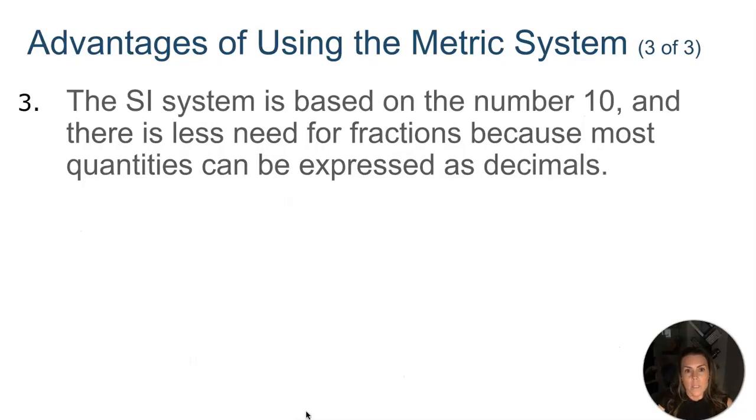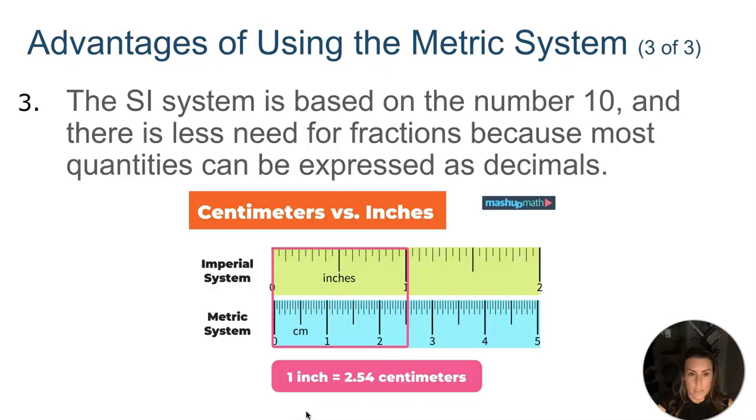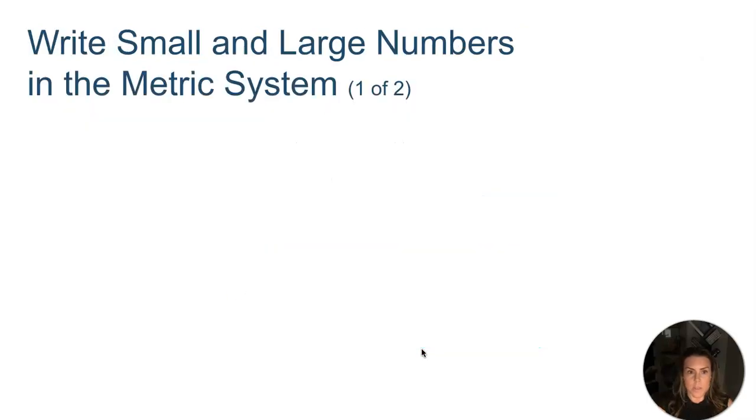And third, because the SI system is based on the number 10, there's less need for fractions because most of the quantities can be expressed as decimals. Here you can see that 1 inch is about 2.5 centimeters.